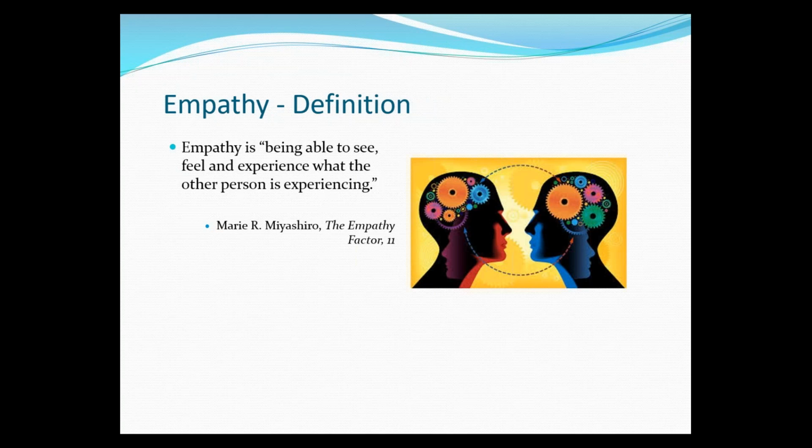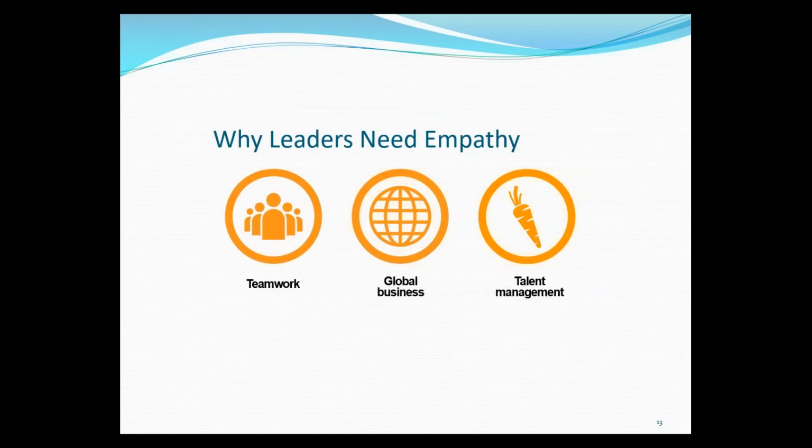So there's what she calls a real connection going on between people. And others have said that leaders need empathy because of 3 things that are happening even in the workplace. That it's a critical piece of being able to work well in teams. It also comes into play because we're in a global business environment, so we need to not only understand people from our own culture, but other cultures as well.